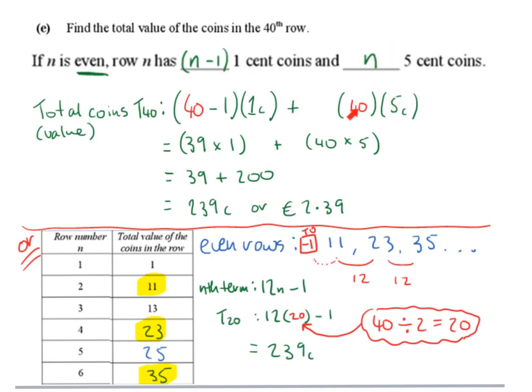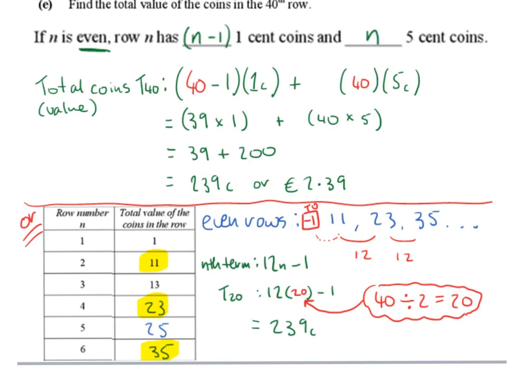So there's 40 5-cent coins, multiplied by 5 cent. So 40 multiplied by 5 is 200 cent. And 39 cent plus 200 cent is 239 cent, or €2.39. So this is the total value of the coins in the 40th row. So that's one way to do it.